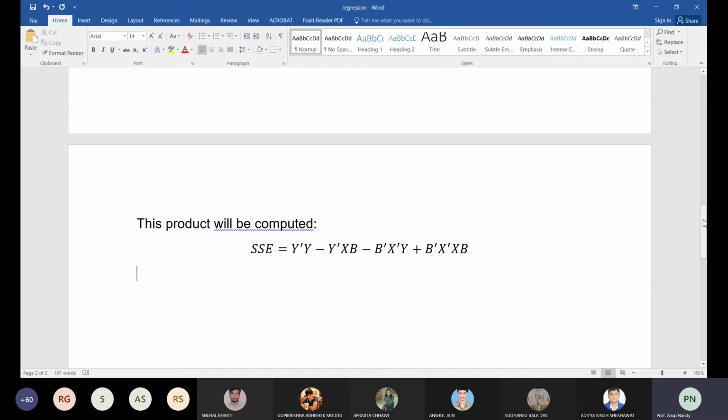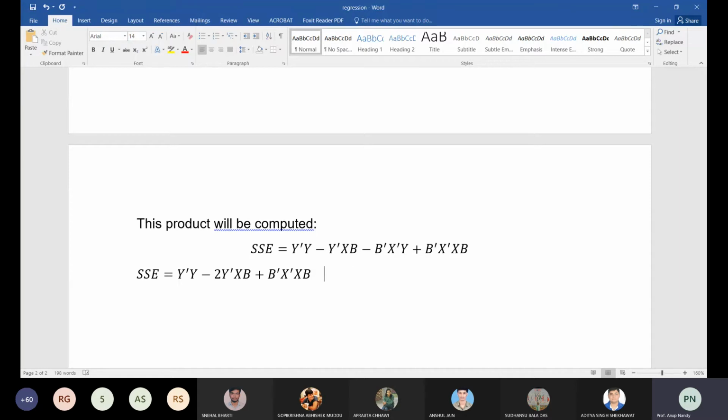Now this equation can be further simplified to y transpose y minus 2y transpose xb plus b transpose x transpose xb.